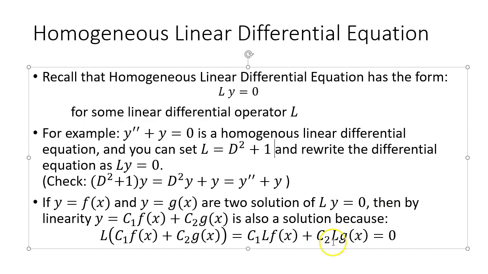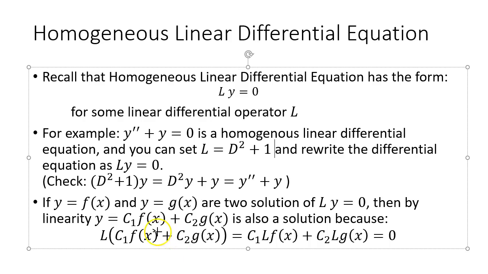Now, what's the significance? Well, if you have two solutions, f of x and g of x, satisfying Ly equal to 0, then by linearity of L, the linear combination is also a solution. If you apply L to c1 f of x plus c2 g of x, that's c1 times L of f of x plus c2 times L of g of x.